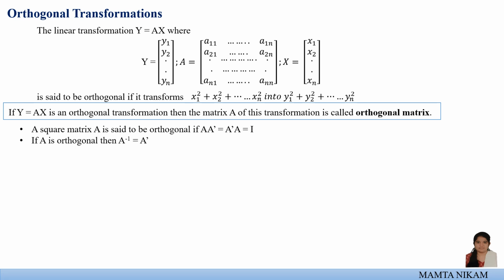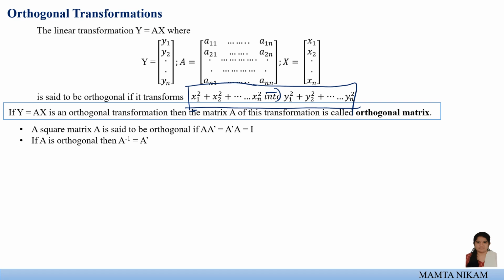Okay, so given a linear transformation y equal to Ax, where y is y1 y2 up to yn, A is a11 a12 and so on, and x is x1 x2 up to xn, it is said to be orthogonal if this relation is proved. What is this relation? x1 square plus x2 square up to xn square is transformed to y1 square plus y2 square up to yn square.